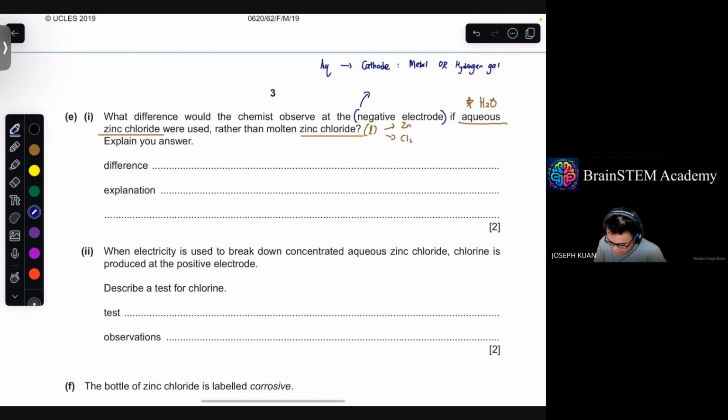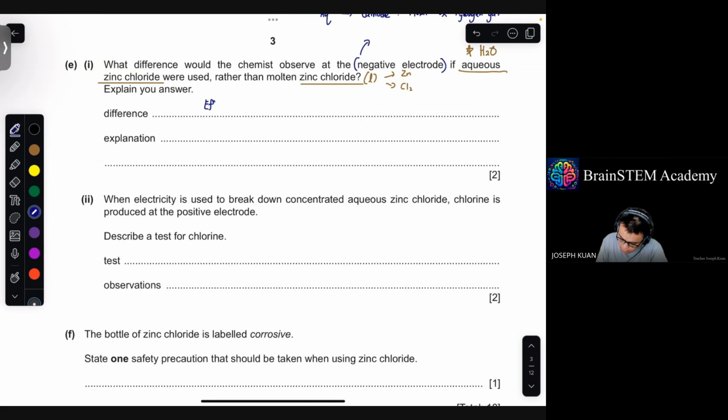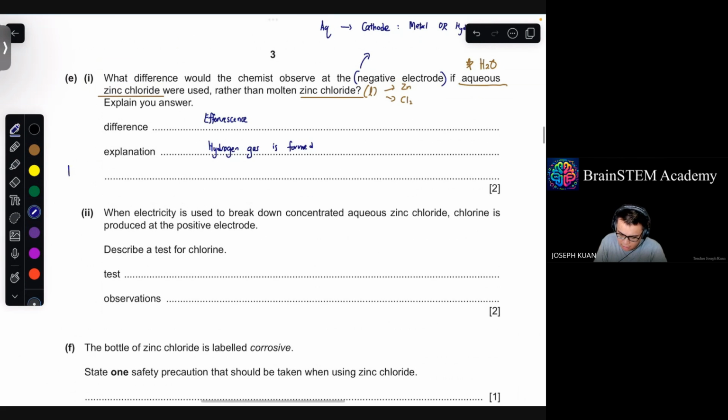So in this case, you will see effervescence occur, which means that hydrogen gas is formed instead of having the zinc formed at the cathode. Why? Because hydrogen is located below zinc in the reactivity series. So hydrogen, if it's present, is going to get discharged instead.